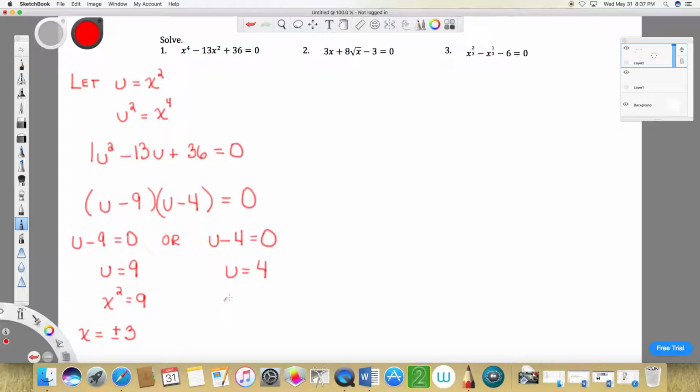And over here, if x squared is equal to 4, that's going to give me solutions of x is positive or negative 2. So I had a fourth degree equation, and I came up with 4 solutions, but I did it through a technique that is referred to as a change of variable.